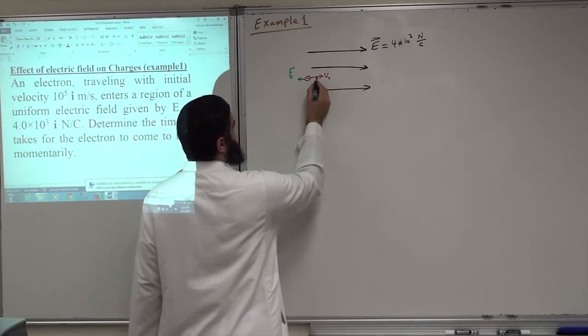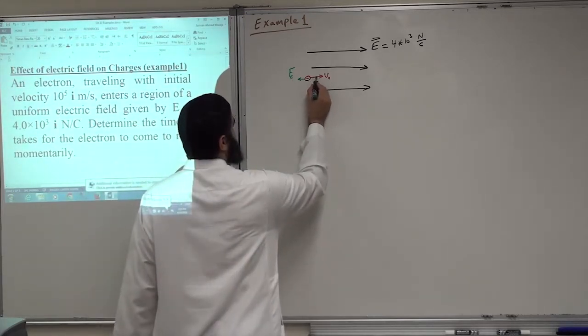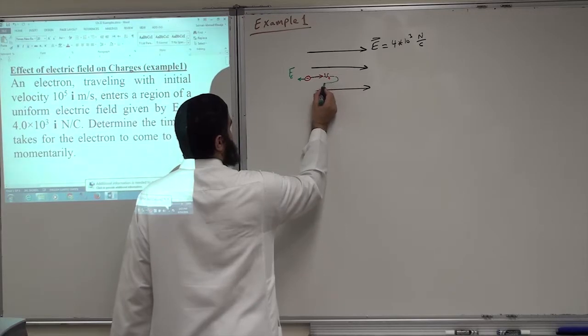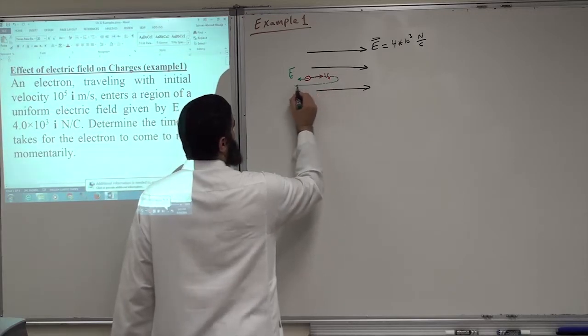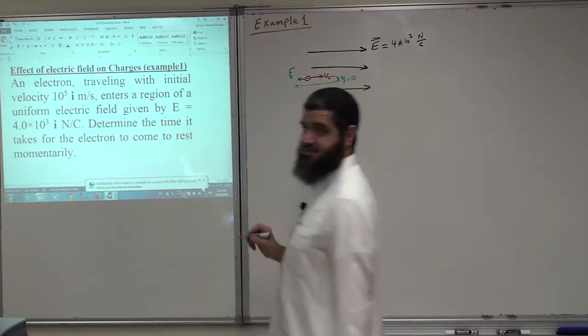It has a large speed, 100,000 meters per second. It will decelerate, slow down, until it reaches a speed of 0. Then it will reverse the direction. So at this point, V final equals 0.